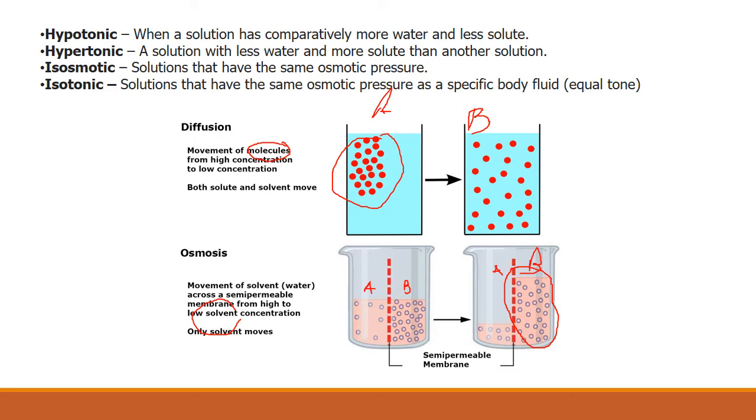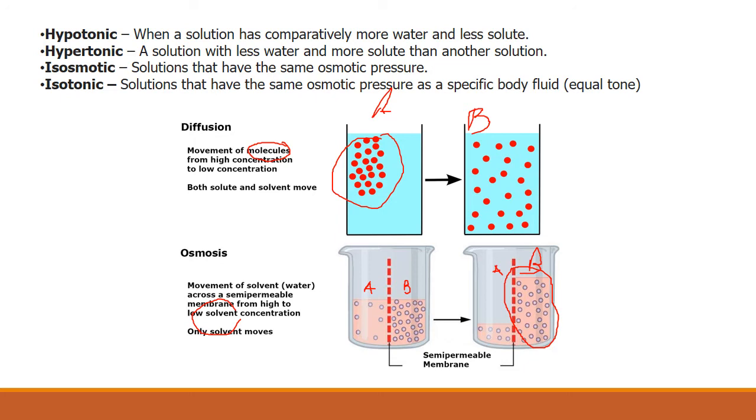So this one has a higher solvent concentration while this one has a low solvent concentration because it has more solute in it. So it has to pass through a semi-permeable membrane and then it will transport only the solvent or the water molecules to the side that has less solvent concentration.